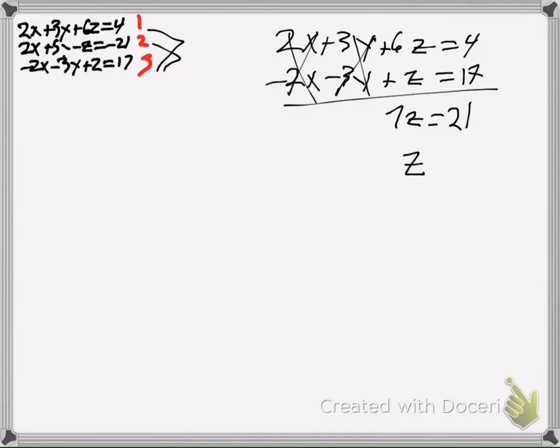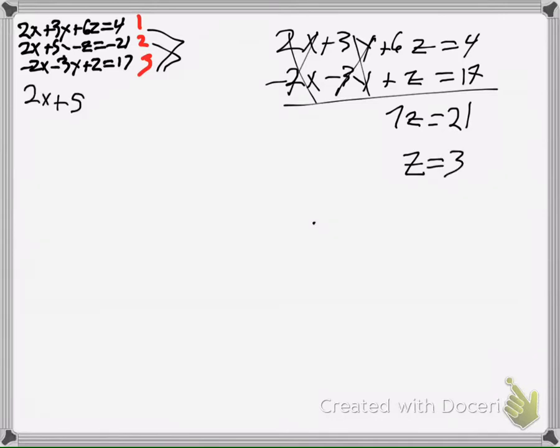That -2x is there, and it can wipe out basically the entire equation. So we get z equals 3.